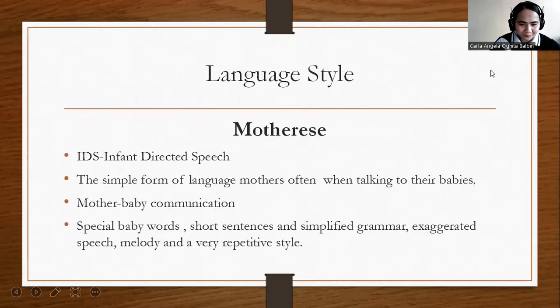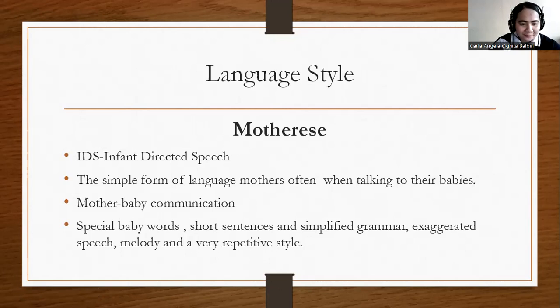Okay, the language style. Have you heard of this already? There are actually three in the language style. Mother-ese is sometimes called parent-ese, right? Because we all know that it's not actually limited to mothers. It also includes dads, grandparents, or other caregivers who interact with our child.